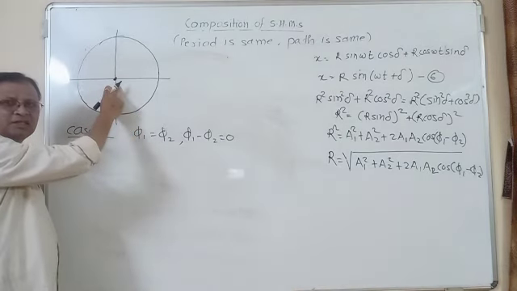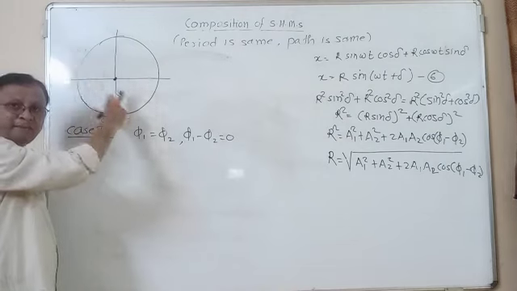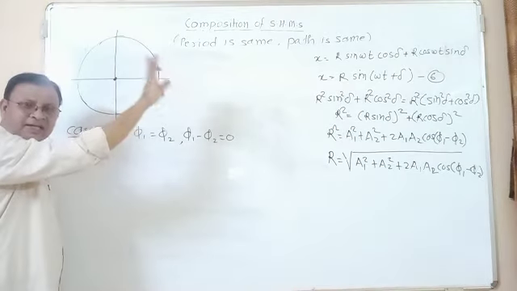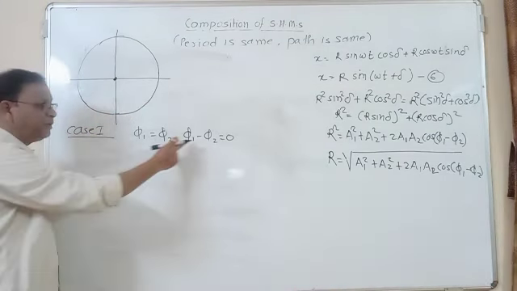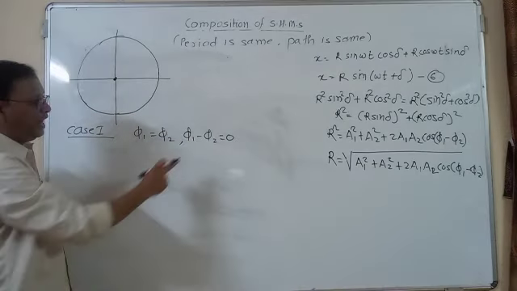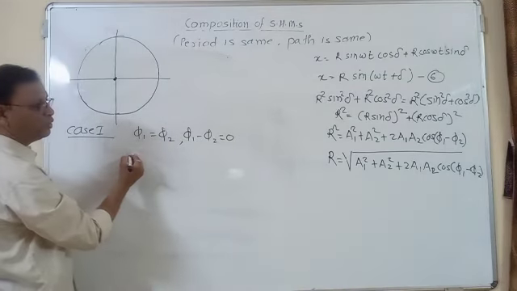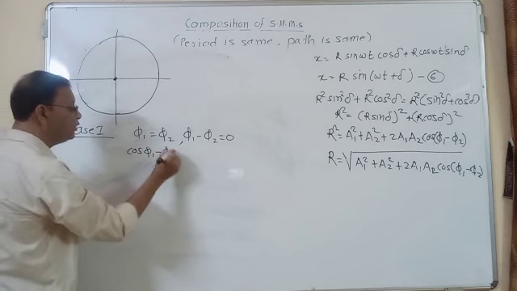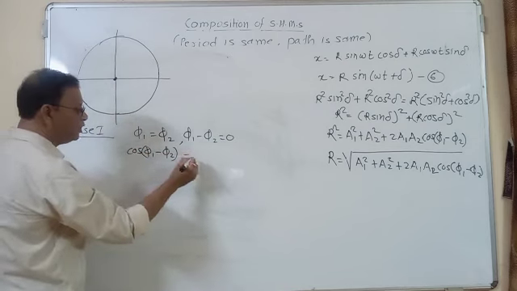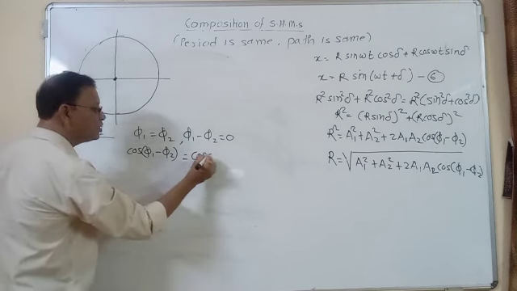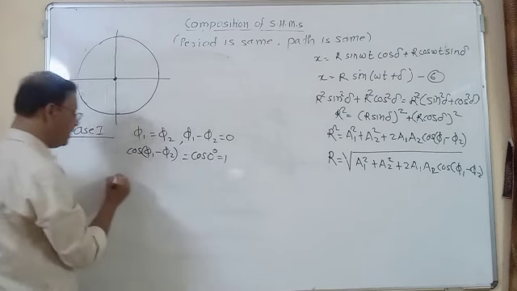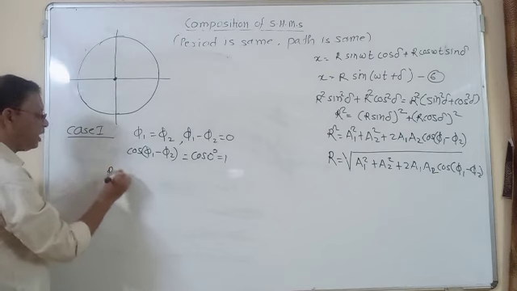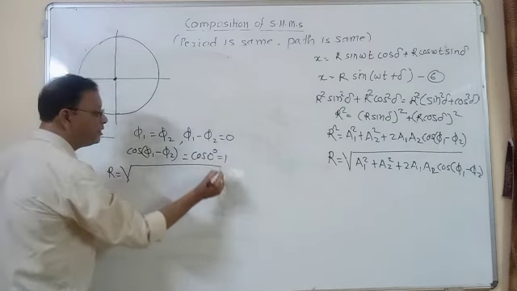Particle starts two S.H.M.s from the same place and moving in the same direction. That means phi1 minus phi2 is equal to 0. And if phi1 minus phi2 is equal to 0, then cos of (phi1 minus phi2) is equal to cos 0 degree, which is equal to 1, and therefore the resultant amplitude R is equal to, what happens here?